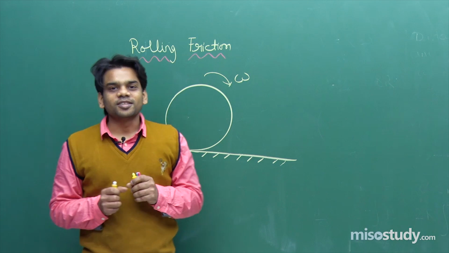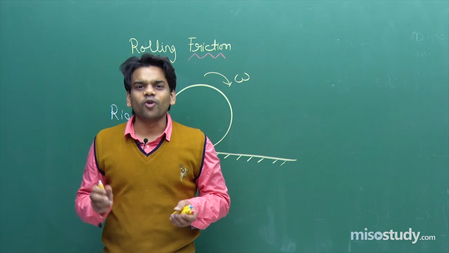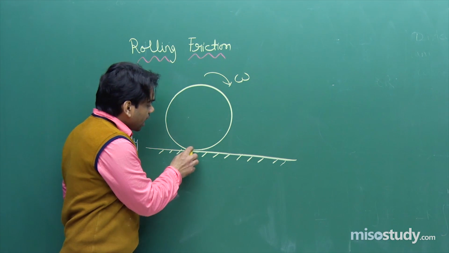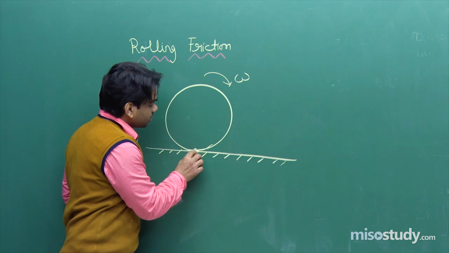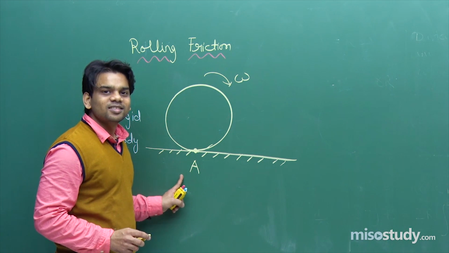Rigid means that it cannot be deformed. That means this wheel is touching this surface only at one particular point. Let me call this point A. At only one point of contact it is touching.